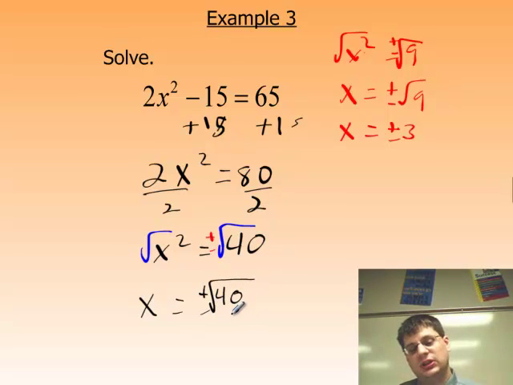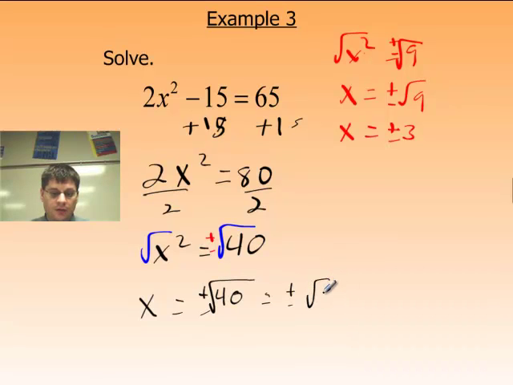Now we need to ask ourselves, can we simplify 40? Are there any perfect squares that go into 40? And there are. 4 is a perfect square. So I could simplify this as plus or minus the square root of 4 times the square root of 10.